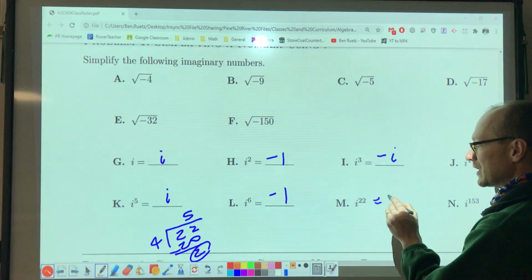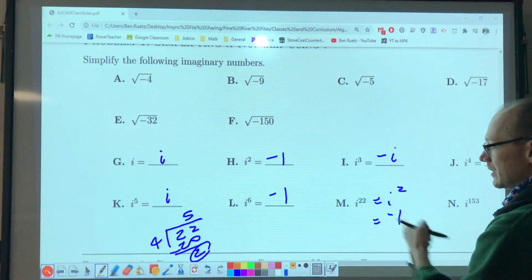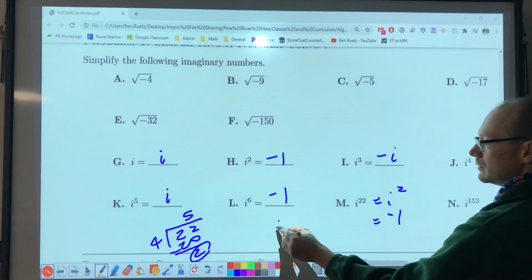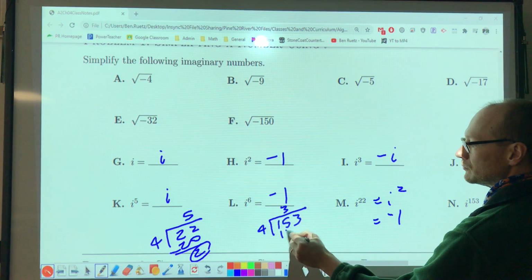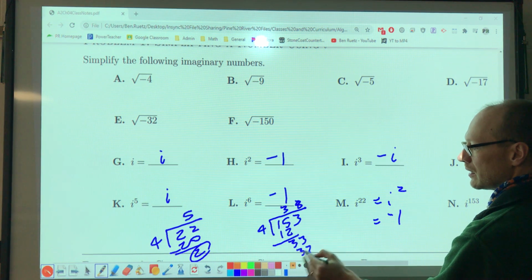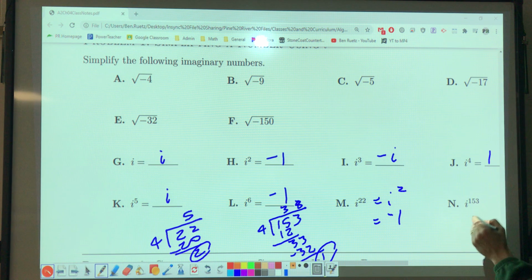That means i to the 22nd is the same as i squared, which is -1. i to the 153rd, what's 153 divided by 4? Looks like 38, a remainder of 1. So that means i to the 153rd is the same as i to the 1st, which is just plain i. So that's how those work.